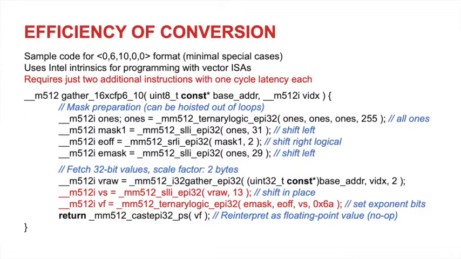In order to convert 16-bit floating point numbers to 32-bit floating point numbers, we would need to issue 2 additional instructions to make the conversion to a valid floating point number. Those 2 instructions each have a single cycle latency. So this is a minimal addition to the latency of the data fetch and conversion. And we will see that this still has a measurable impact.